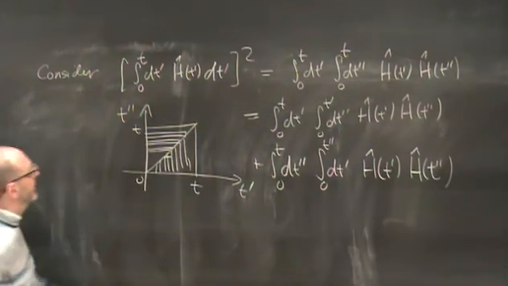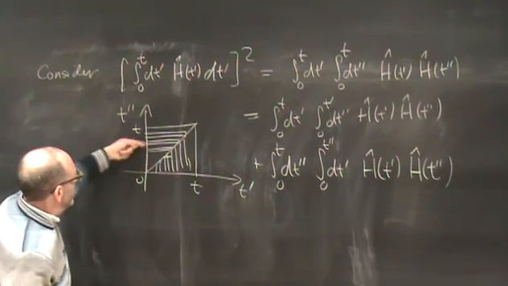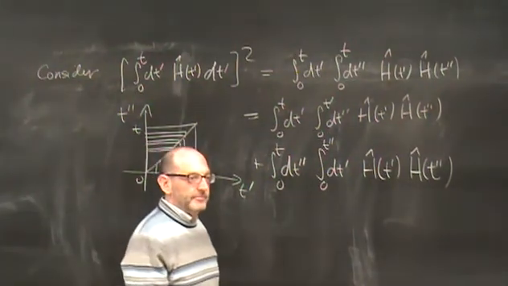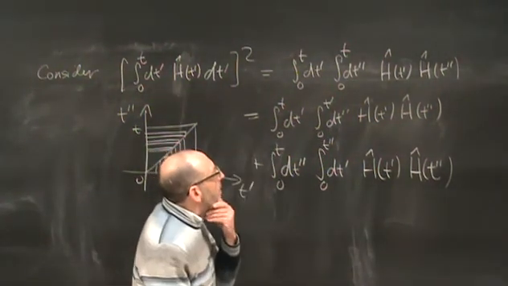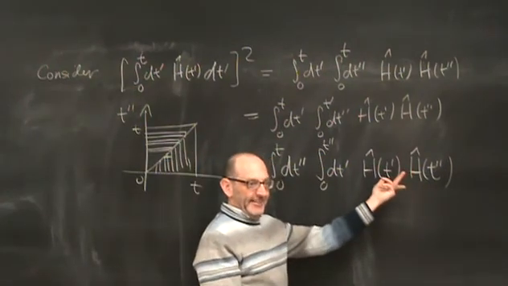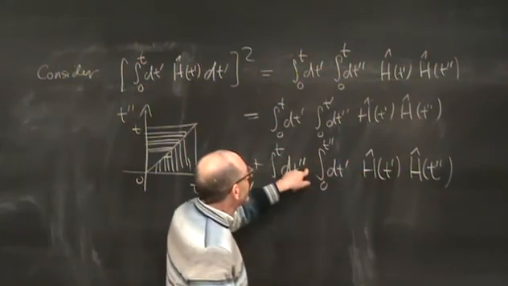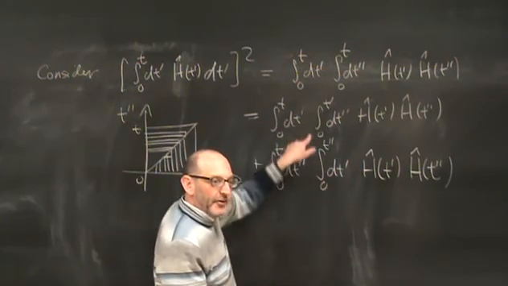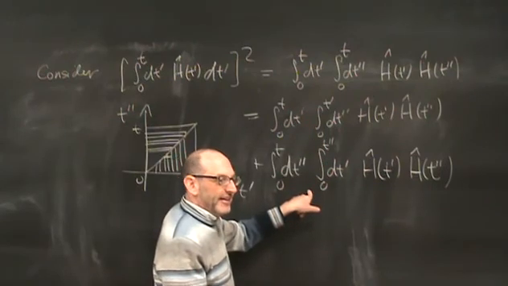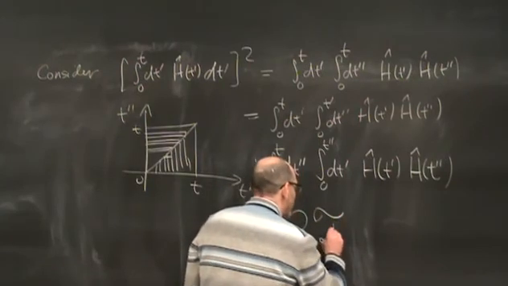So now t prime goes from 0 to t, and t double prime goes from 0 to t prime along that guy. That's this integral. Okay? Now if I switch these guys, then this integral is exactly the same as that integral. It's just a relabeling of t prime and t double prime. So this is equal to twice the time-ordered product.